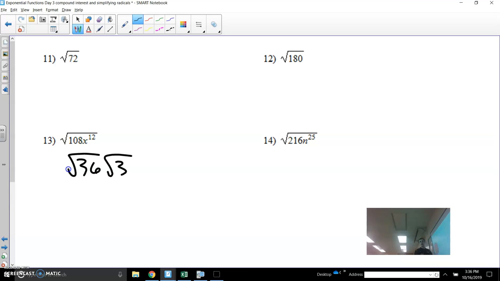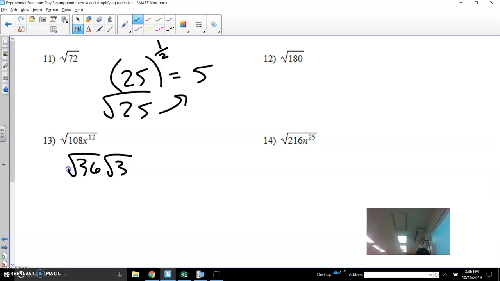And in the last few days, we've been talking about how the 1/2 power is the same as a square root. That is the same idea. The 1/2 comes from the fact that the radical is the same as the 1/2 power, and right now we're talking about a square root.